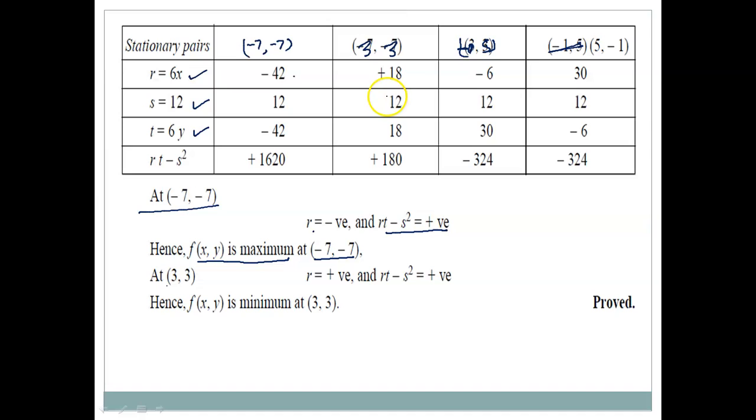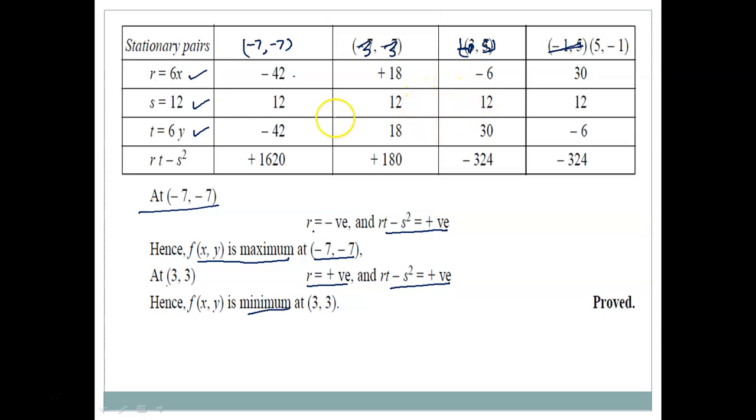This will remain 12. And when you put y equal to 3 here, then again it is 18. And rt minus s square in this situation is 180. So again you can see here r is positive and rt minus s square is positive. So this is the case of minima at 3, 3. So that is what we wanted to prove.